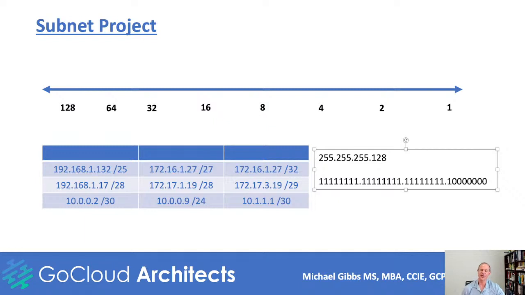Okay, well, I see no answers, so I'll walk you through it. If we look at 192.168.1.132, Arun, great job, it's 128. Does anybody else know how Arun got to 128? Where the subnet began? Subnet begins, Abby, at 128.